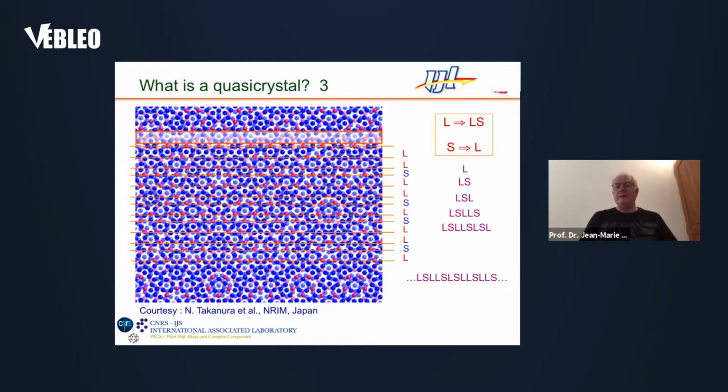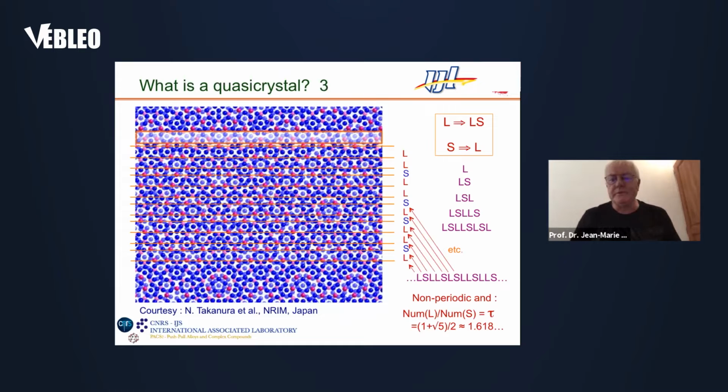One step defines entirely the next step. And at some stage, I have this sequence, which you have at the right bottom of the screen, LS, LL, and so on. And it is very easy to demonstrate that this sequence is necessarily aperiodic, and the ratio between S and L at some stage is just the golden mean.